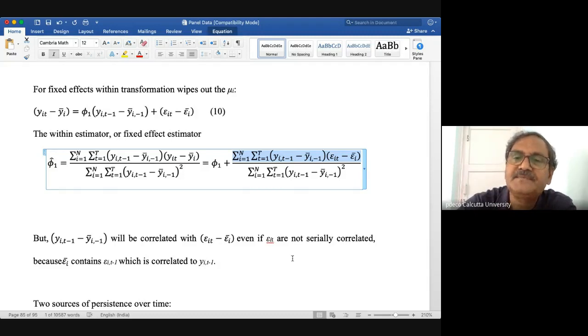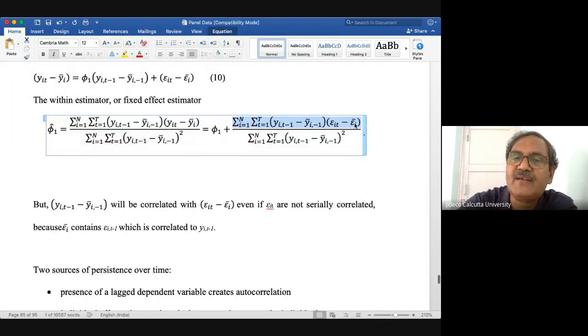In other words, in epsilon bar I, there is a component of epsilon it minus 1. And you know epsilon it minus 1 will be correlated with yit minus 1 by the structure of our model.